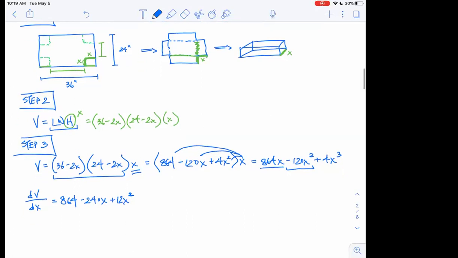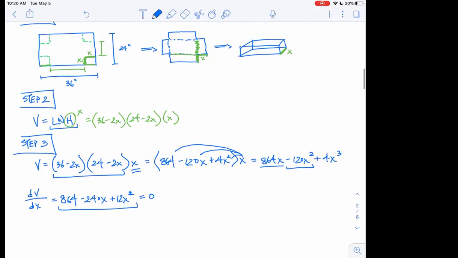All right, so now I've got my derivative. Now I can set this equal to 0. So in order to solve this quadratic, because I have 12x squared minus 240x plus 864, I'm going to see if I can find a greatest common factor for all these terms so that I can work with some smaller numbers instead.